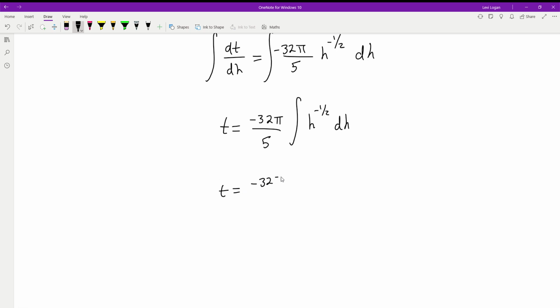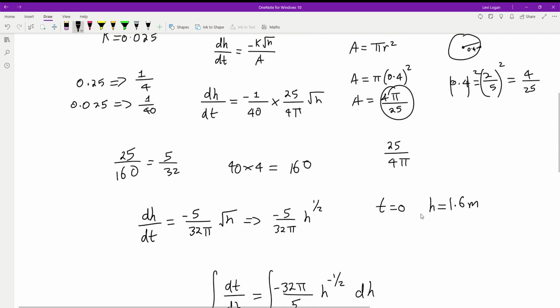So we have negative 32 pi on 5, h to the half, divided by a half, which is the same as times 2, so I'm just going to put a 2 here, and then plus a constant. 32 times 2 is going to be 64, so we have t equals negative 64 pi on 5 square root of h plus c. And that's about it for now, okay?